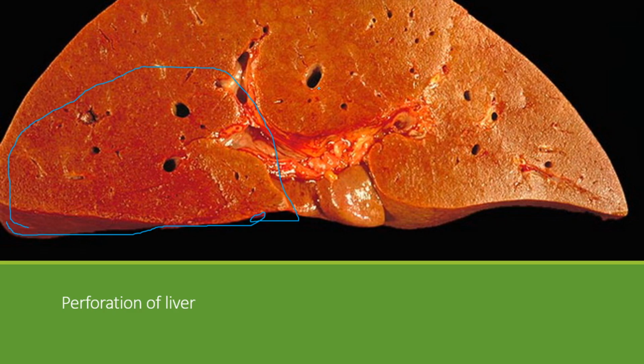But if you look at the liver, you won't see any cavity with air, only parenchyma. It is a parenchymatous organ. If we have any damage of the liver, we will have internal bleeding.